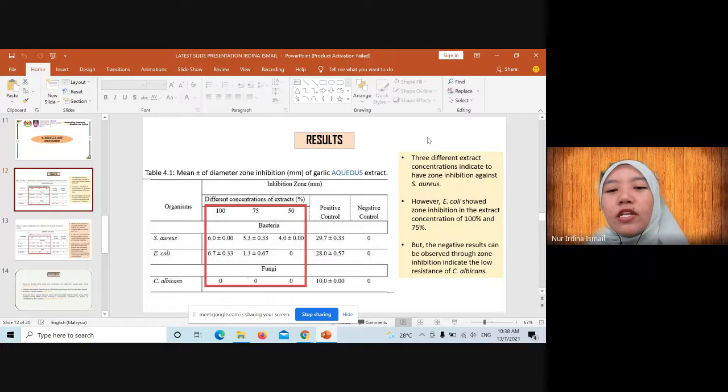Okay, the positive control that I used in this study for Staphylococcus aureus, E. coli, and Candida were different because of the percentage, the susceptibility of the garlic and the bacteria itself.